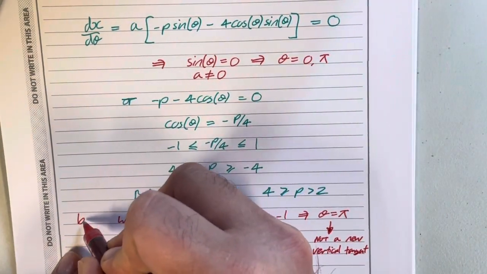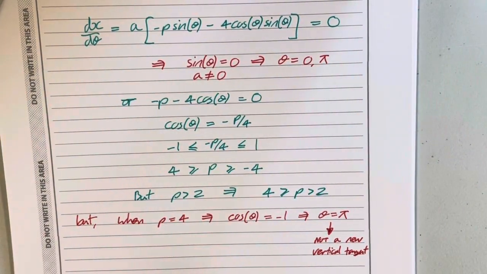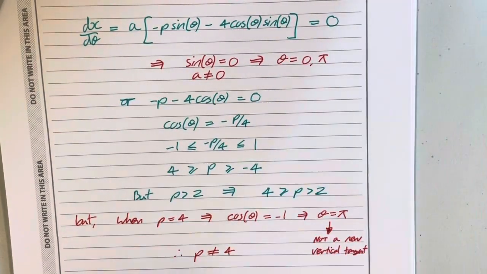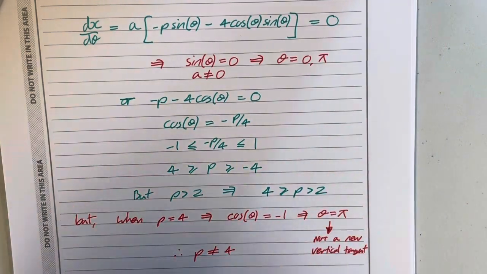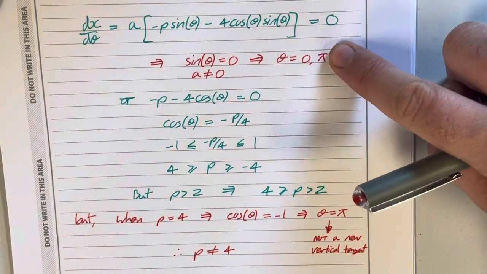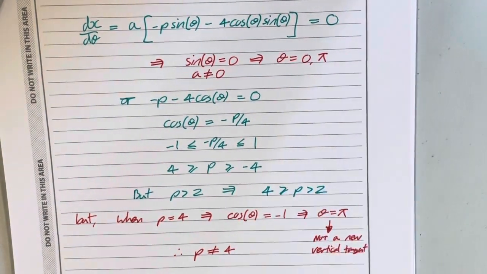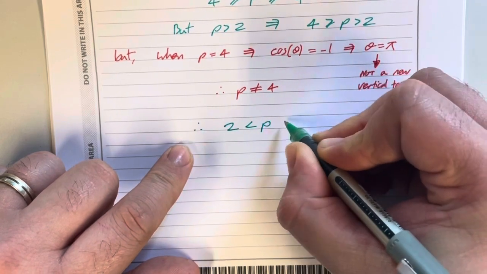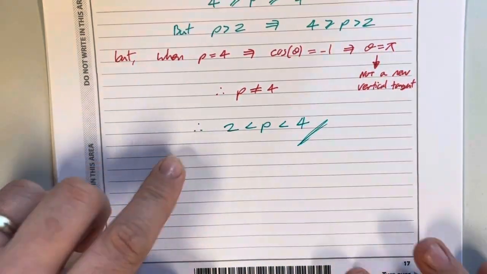I should probably put a but over here. Therefore, P can't equal 4 exactly because it wouldn't give 2 lines. We want 4 together. There's 2 there. We need 2 more. So therefore, it must be strictly less than 4. And we can conclude that 2 is less than P is less than 4 as required.